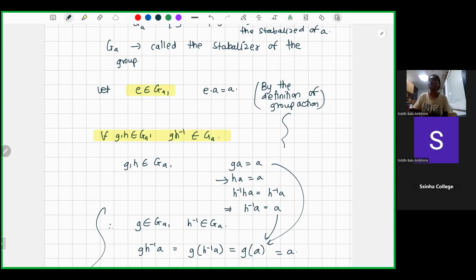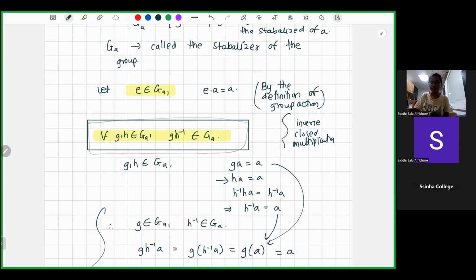That it should be closed under multiplication, for every element there must be an inverse, and identity must exist, right? So all those conditions of being a subgroup are taken care of using this property here.